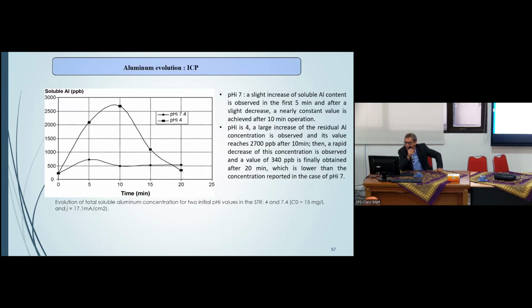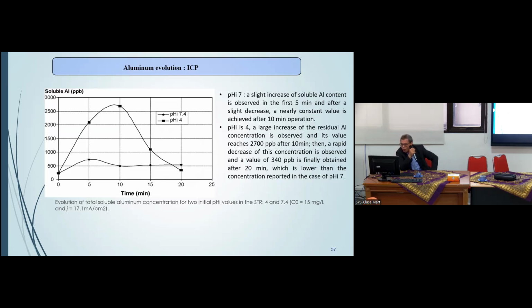Next, when we use ICP, inductively coupled plasma, on the solution, we have the mechanism of formation of aluminum. We have an increase then decrease for pH 4, and almost constant for pH 7. We can analyze this. For pH 7, a slight increase of soluble aluminum content is observed in the first 5 minutes, and after a slight decrease, a nearly constant value is achieved after 10 minutes of operation.